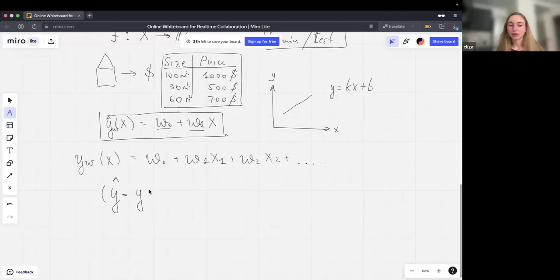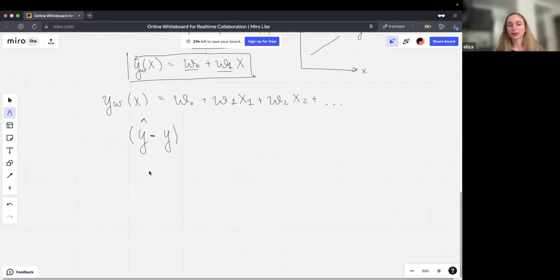And you want to calculate this error. Now we can consider two functions with whose help we can estimate our model. It's MAE and MSE.